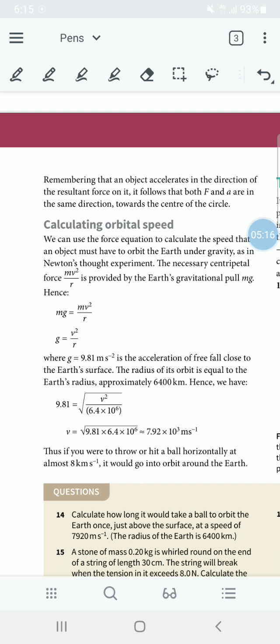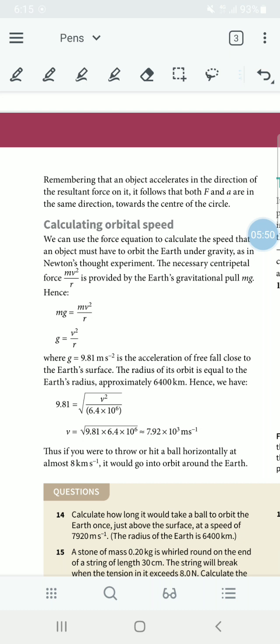Then close to the earth's surface, to find out the speed that is required, we can put the details that have been given. g we know, 9.81. v squared is what we are trying to figure out. r is 6.4 into 10 to the power 3 kilometers, again into 10 to the power 3 to get meters. So 6.4 into 10 to the power 6 meters. When you simplify this, you get v to be equal to 7.92 into 10 to the power 3 meters per second.